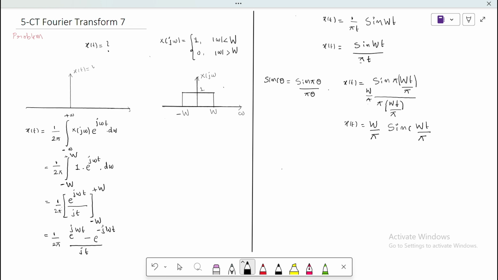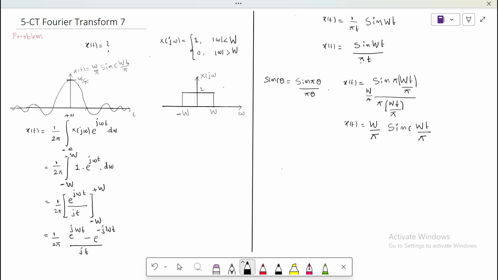X of t is a sinc function that equals w by pi sinc wt by pi. So the magnitude equals w by pi.